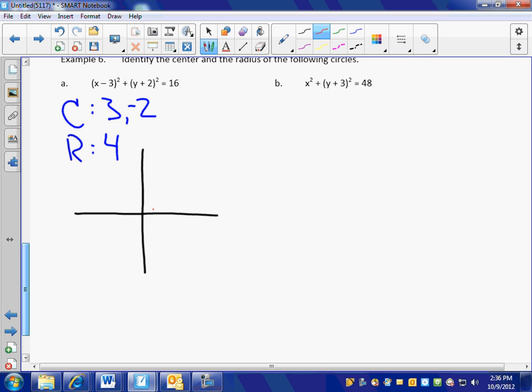Danny says plot the center. He's on a roll. 1, 2, 3, down 2. That's my center. Now what? Up 4, over 4, down 4. So go up 4, right 4, down 4, to the left 4.